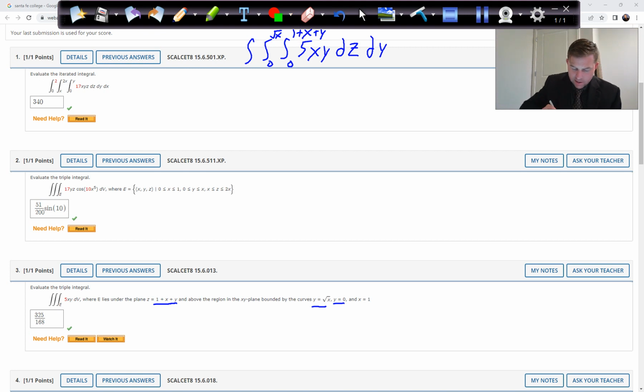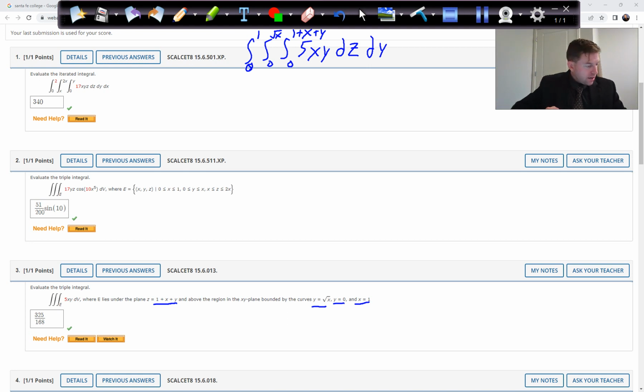And then x, it says, equals 1. But the only way x can equal 1 in this is if we started at 0 and then we go to 1. Okay, so that's the hard part, is getting these limits set up because they don't do it for you.